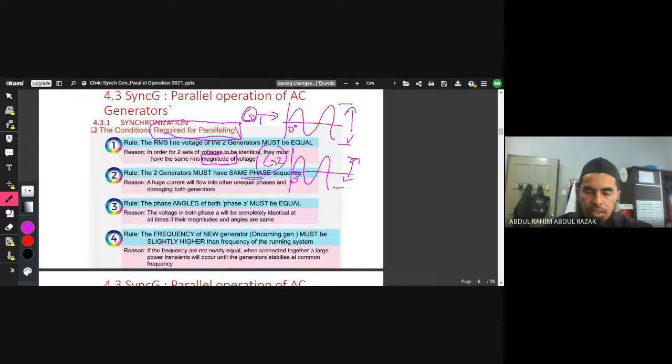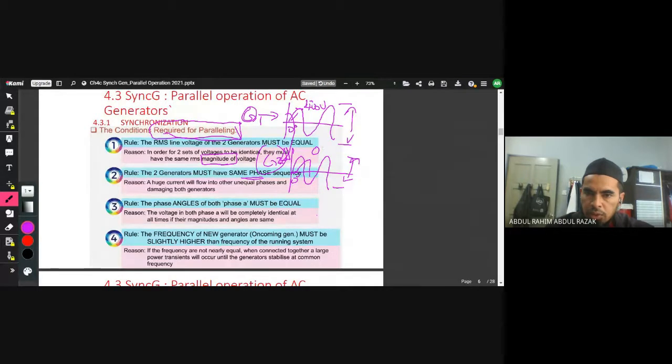What happens if you have a different phase? Let's say this one starts at 0, meanwhile this one starts at 90 degrees. This generator will not supply the line. Instead, it will supply G2 and charge it. When this one has already reached 90 degrees, let's say we have a 400 volt generator, it has reached 400 volts while this one is still at 0 degrees or 0 volts.